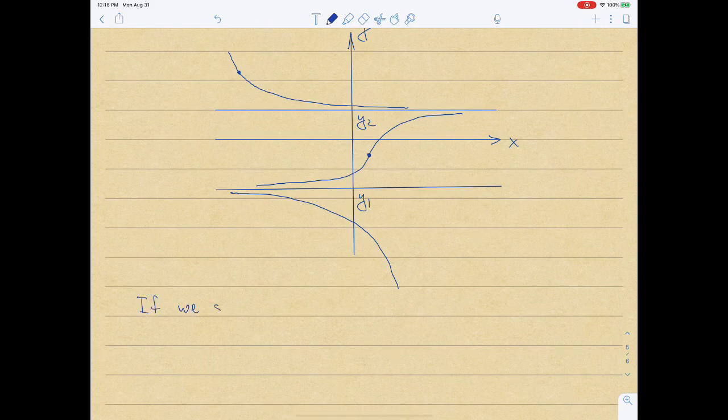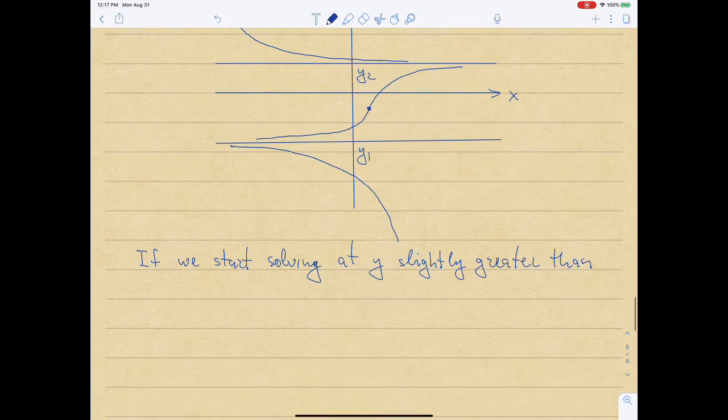If we start solving our initial value problem at y slightly greater than y2, then as x goes to infinity, y will go to y2, right?